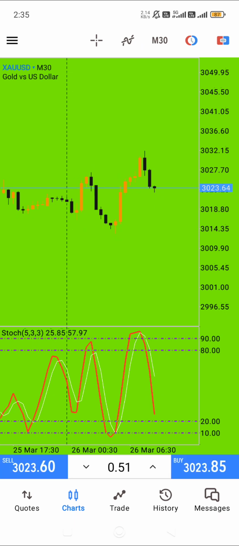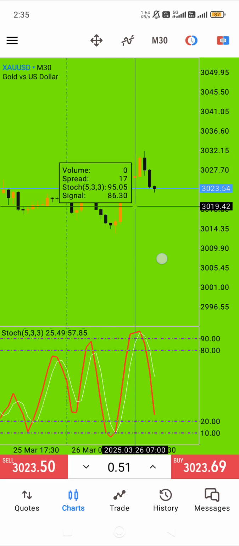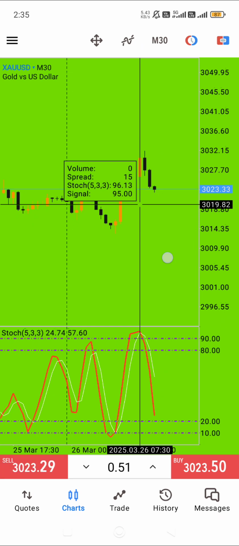Right now gold is 3023. Then I will check here, both lines cross, and at 90 and 80 crossing the line goes to the downside. The market will go down, but I will wait some time. When it crosses, check here, this indicator crosses the red and white lines.